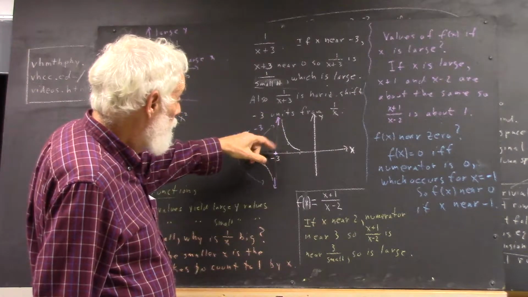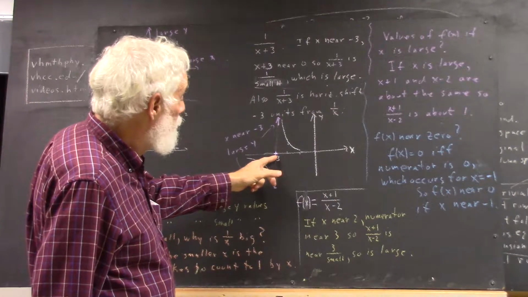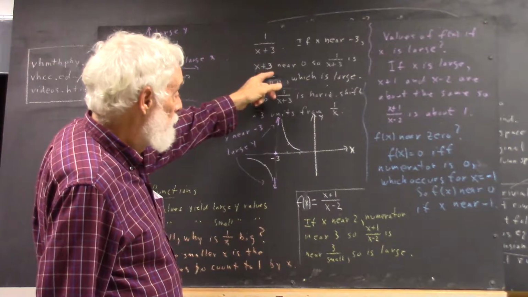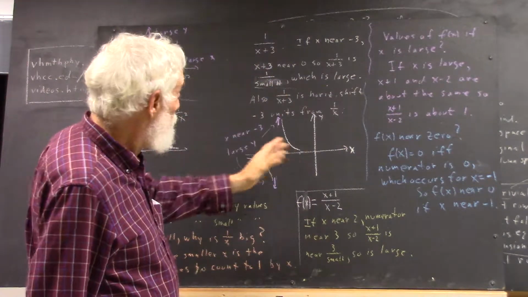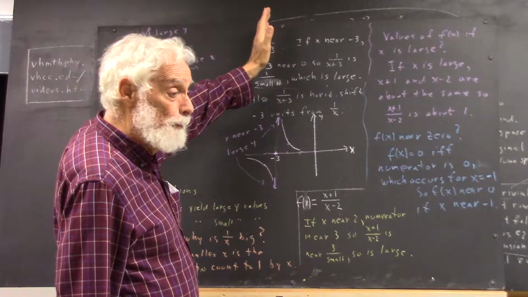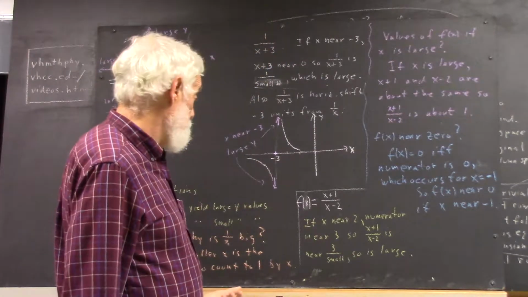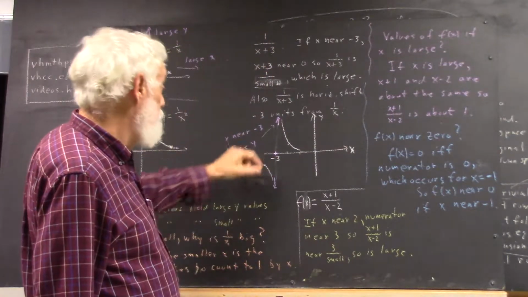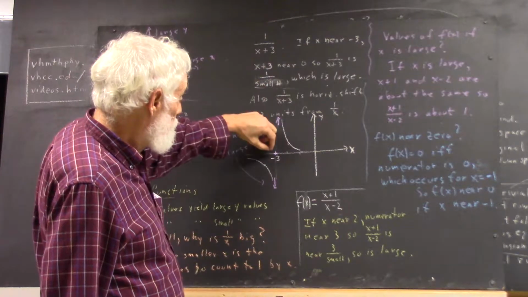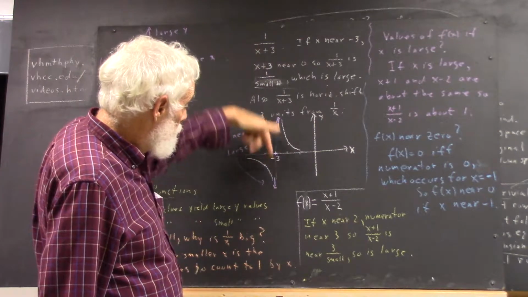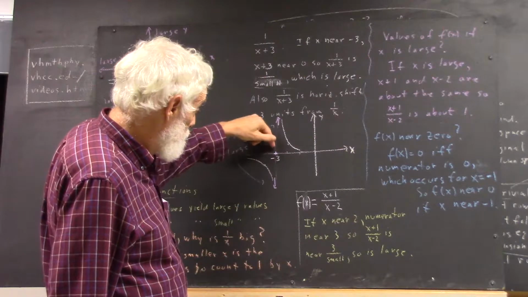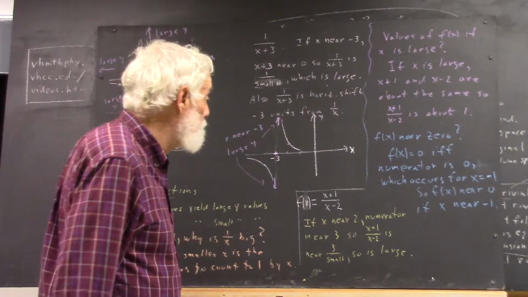And those x values on this side of negative 3, well, that'll make x plus 3 positive but small, giving us a positive but large reciprocal. On the other side of negative 3, the values of x plus 3 are negative, giving us large negative numbers when we're close to negative 3 on that side.